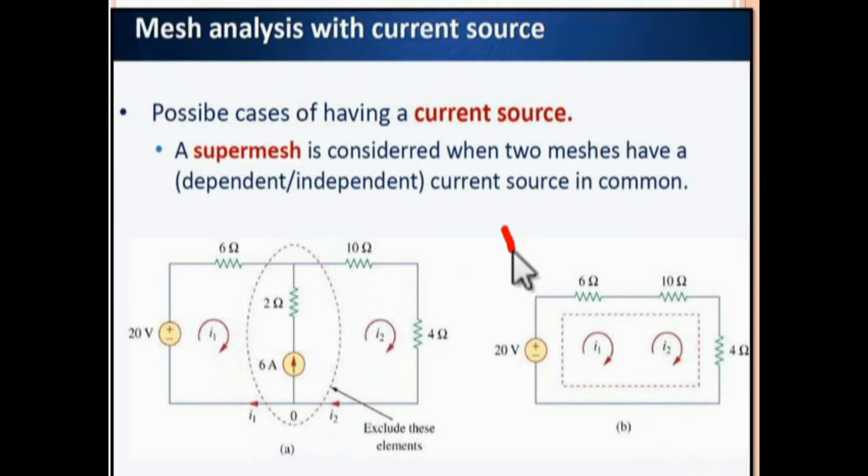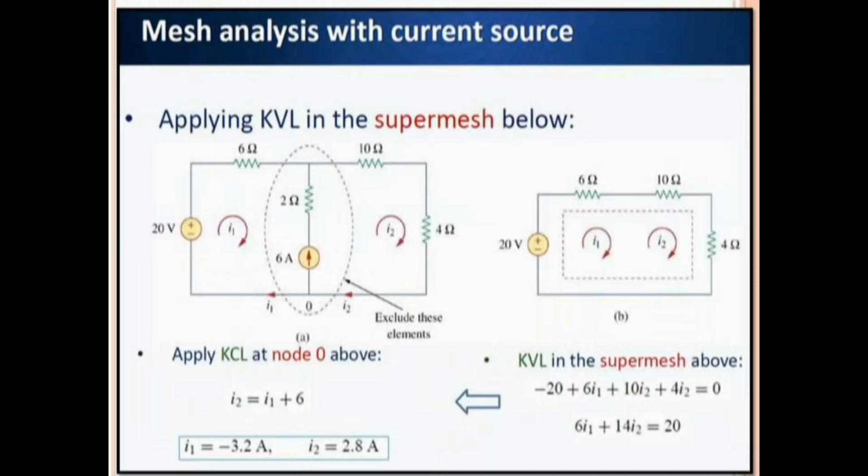We will write KVL and I1, I2 currents will be there in this fashion. You can see the KVL should be applied in this loop, and a single mesh will be there, instead of two meshes. Okay, so we can apply mesh analysis. I1, I2 will be there, so we can write down the equation. So what should be the equation?